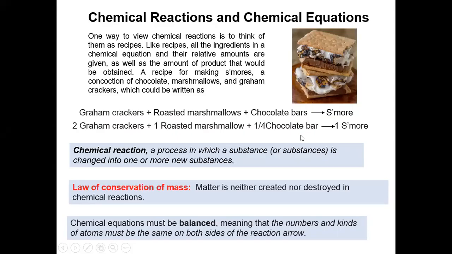So we need to understand what a chemical reaction is, because we are talking about chemistry, right? And how chemical reactions are written down using chemical equations. There is a process going on, but you need to somehow describe this process, right?